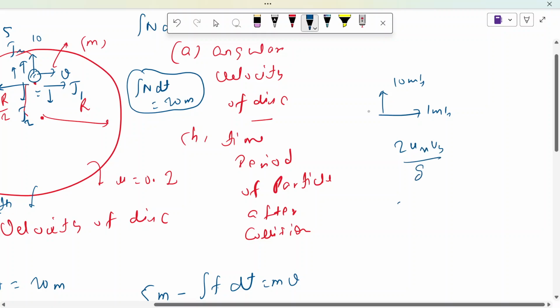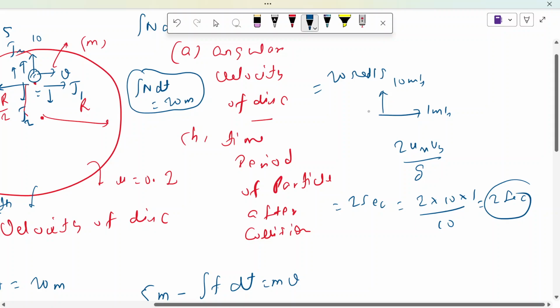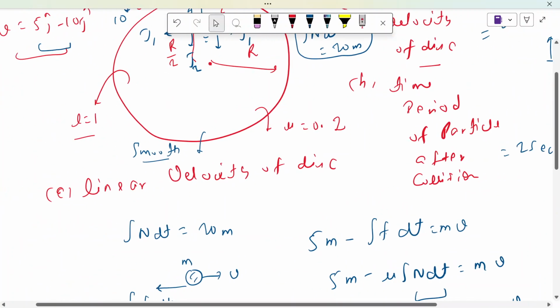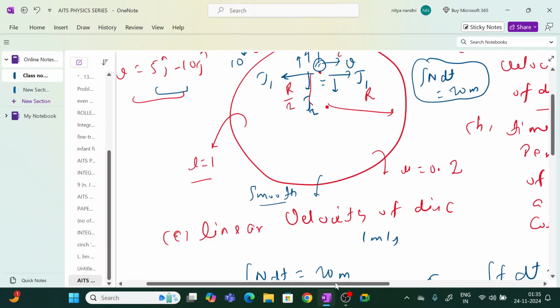That implies it is 2 into 10 into 1 upon 10. That is 2 seconds. So this answer is 2 seconds, this answer is 20 radian per second, and this answer is 1 meter per second. Okay. Next, move on to the other question.